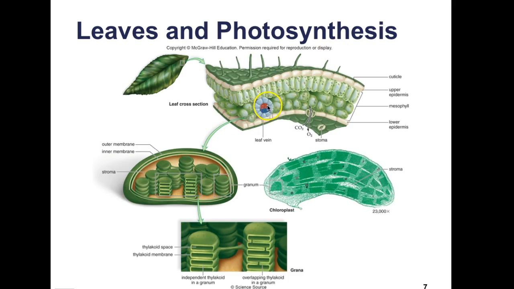Also in that part of the leaf, we do have this vein, or what we would call the vascular bundle, and in there we have both of our conducting tissues in the plants, the xylem tissue, which is the water conducting tissue of the plant, and then we have the phloem tissue. The phloem tissue is the food conducting tissue of the plant.